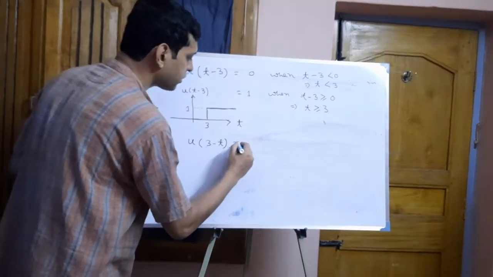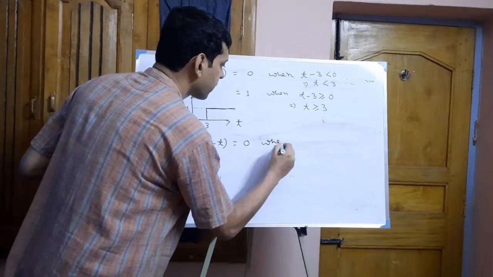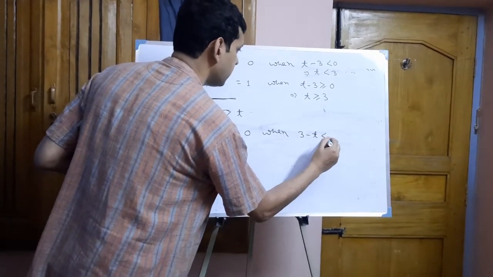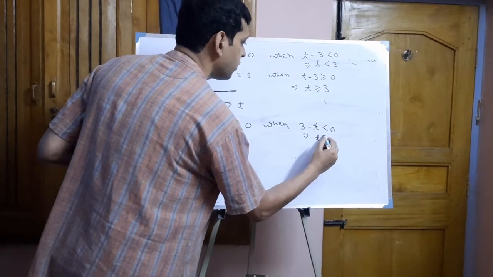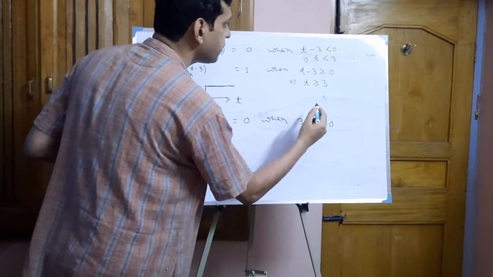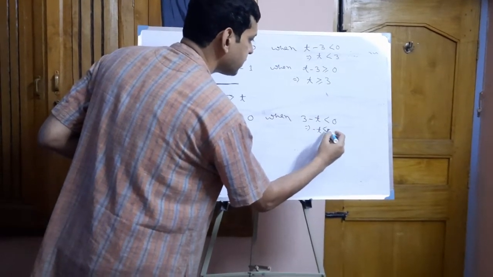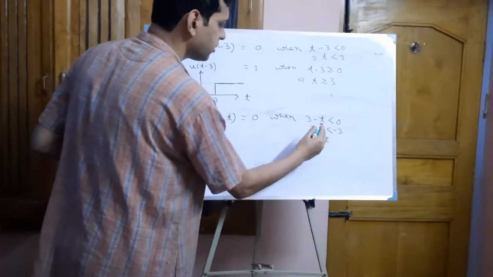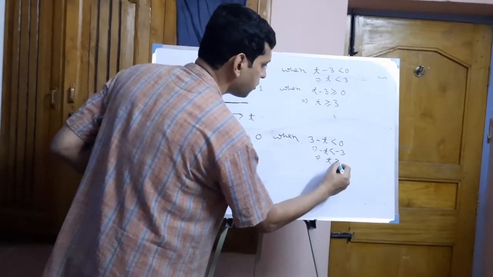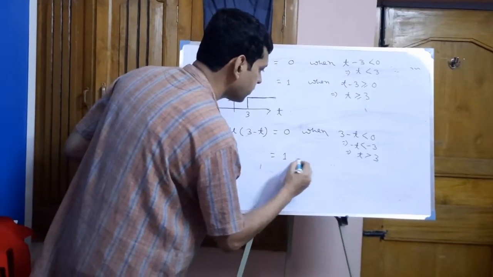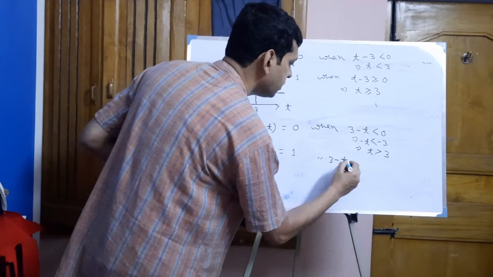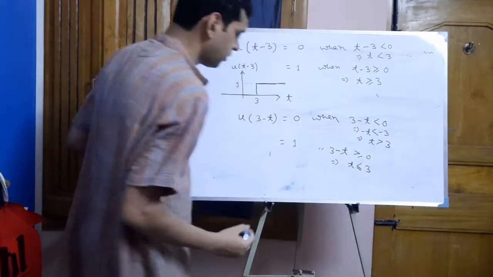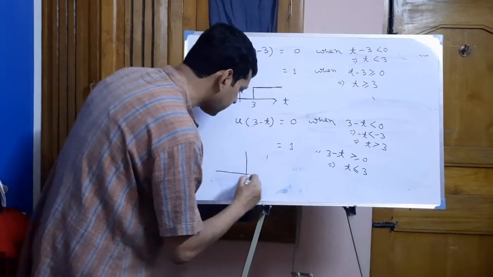Now the value of u(3 minus t) is equal to 0 when the argument, that is 3 minus t less than 0, or minus t less than minus 3, or t greater than 3, and this is equal to 1 when 3 minus t greater than equal to 0, or t less than equal to 3. So the function looks like this one.